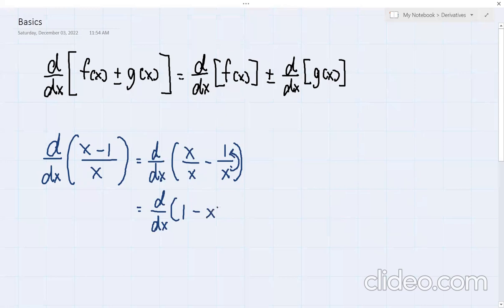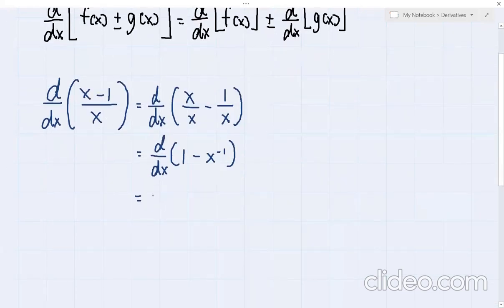We will have x raised to negative 1. Kasi dyan sa denominator, si x, ang exponent niya ay si 1. Yun ang exponent niya, si 1. So, kung ilagay mo siya sa taas, magiging x raised to negative 1. O, diba? So, now, we can now differentiate, okay, with the use of sum and difference rule of differentiation.